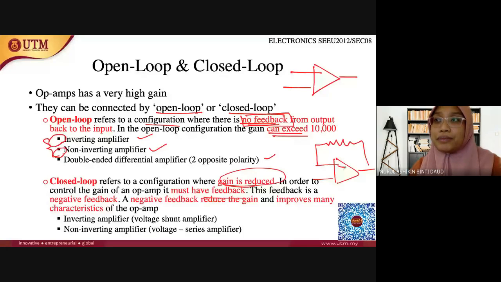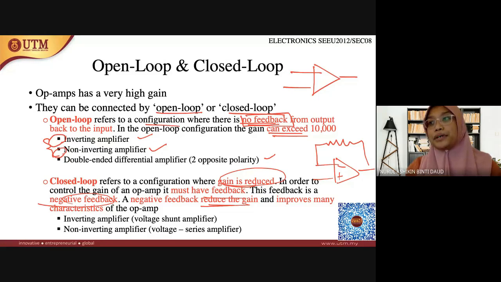If it is connected to the positive terminal, it will be positive feedback. A negative feedback reduces the gain and improves many characteristics. So the usage of feedback is to improve the characteristics of the op amp circuit.